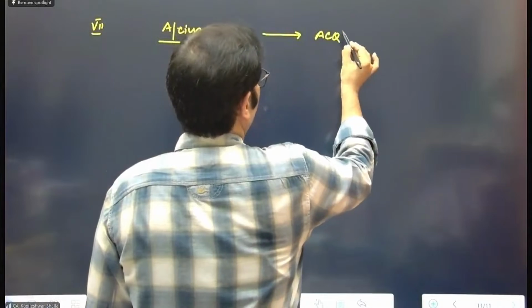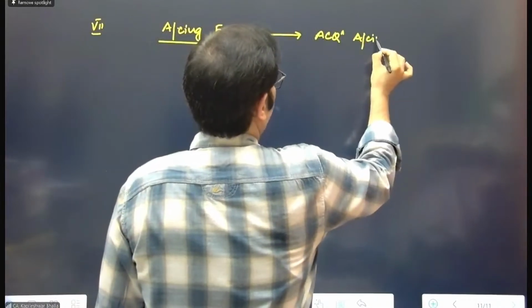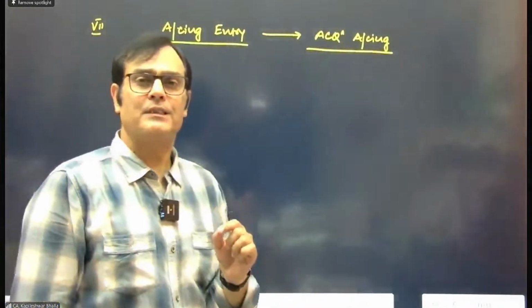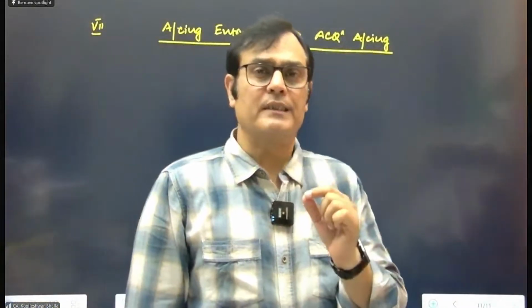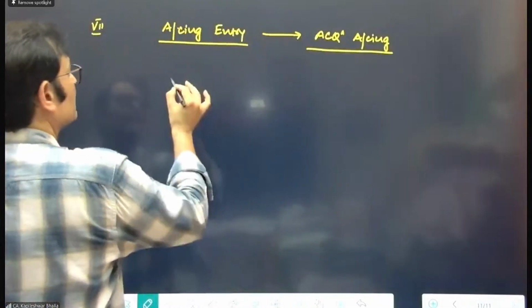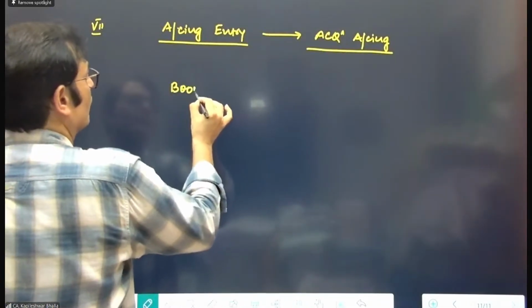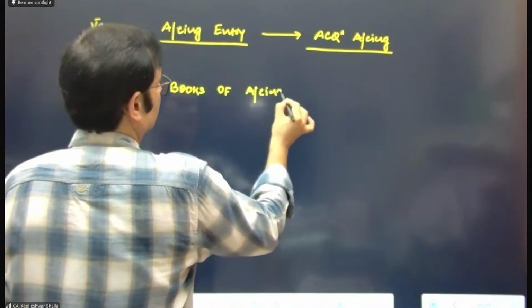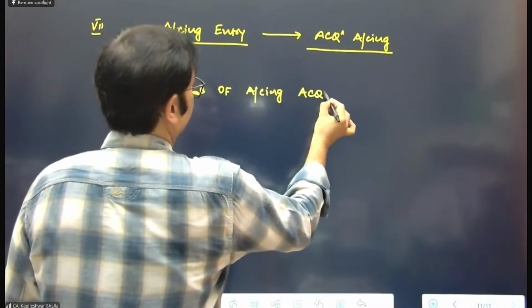Organizing all the 6 steps into a single entry, that's the main focus. This entry is going to be passed in the books of the accounting acquirer.